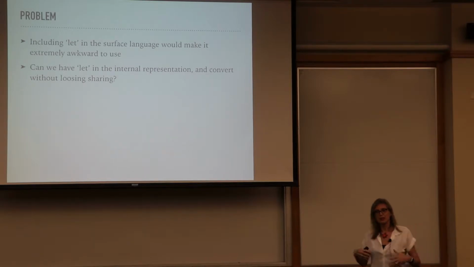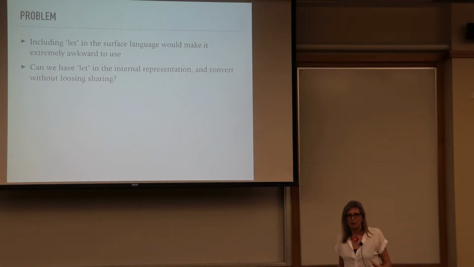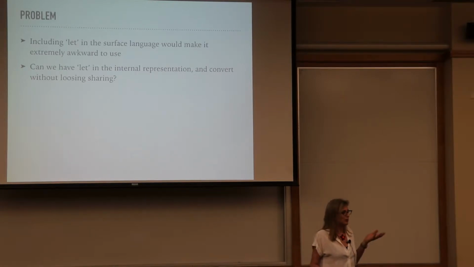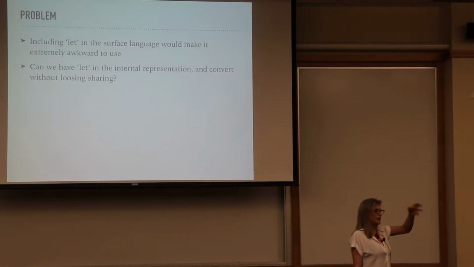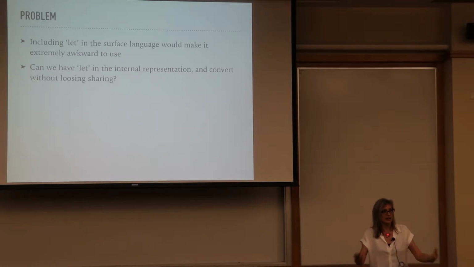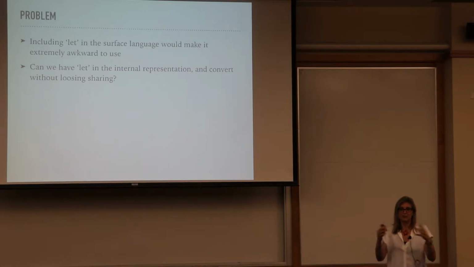So the general approach we followed with Accelerate so far was, whenever we had a problem, we tried to have a user-friendly surface representation and then do something clever during the transformation and introduce an awkward, inconvenient expression internally.